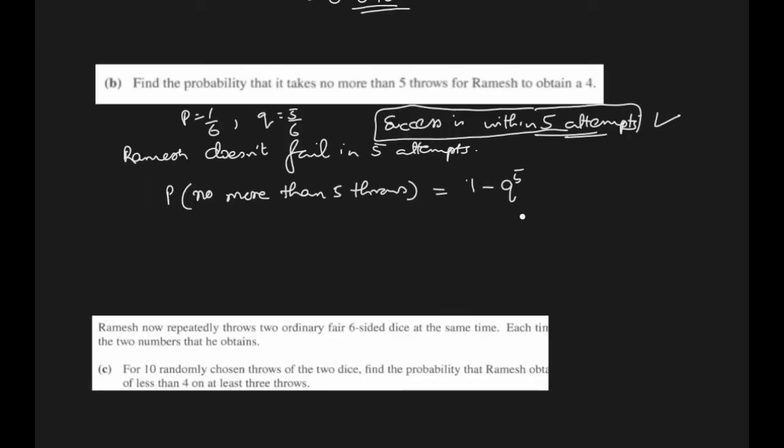He for sure does not fail all 5 times. So this is what we will put in our calculator: 1 minus 5 over 6 to the power 5. And we get 0.5981. There is no need to write the 1, so 0.598 is the answer. What about the next one?